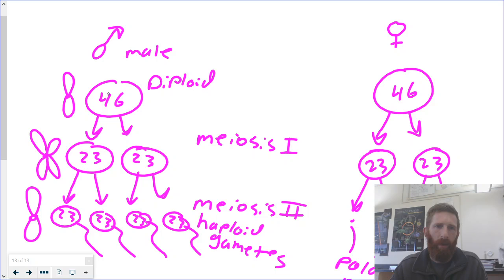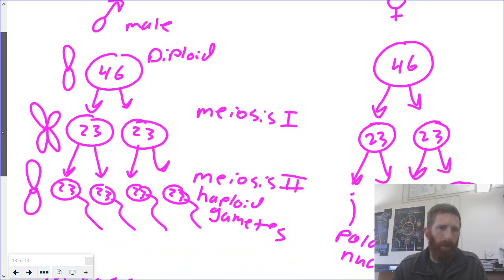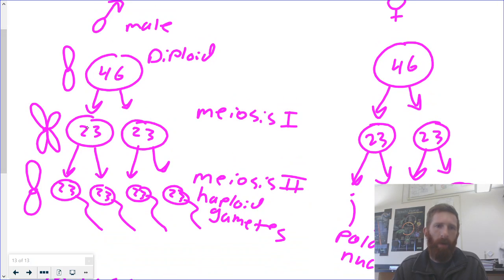So males start off with this. We enter meiosis one, right? And so then males make, at the end of meiosis one, two cells with 23 chromosomes, but they're not propeller-shaped chromosomes, they're butterfly-shaped chromosomes, right? So then we have to do another round of division. So we go through meiosis 2, and that's finally where we get our haploid gametes, right?